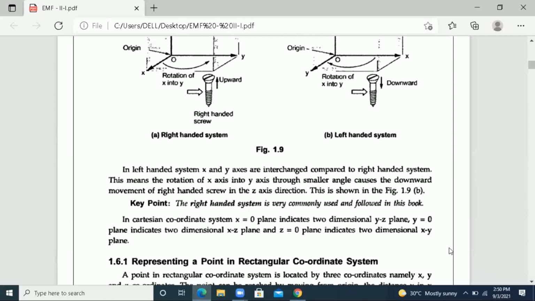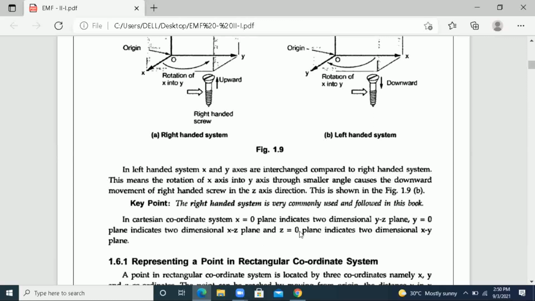So the x equals 0 plane would be the plane at x equals 0, and the plane has the dimensions y and z. The y equals 0 plane would have dimensions x and z at y equals 0.